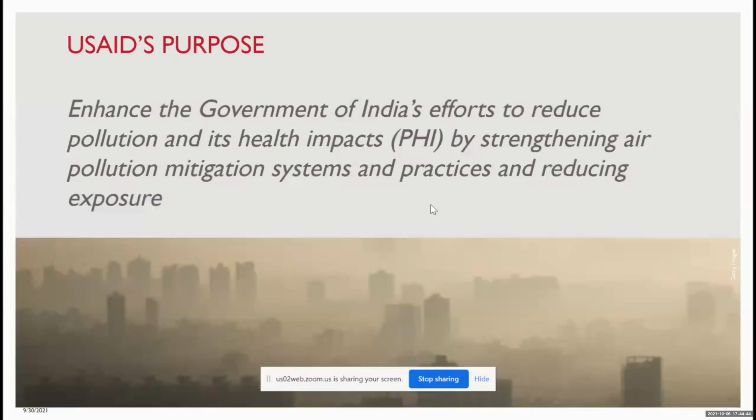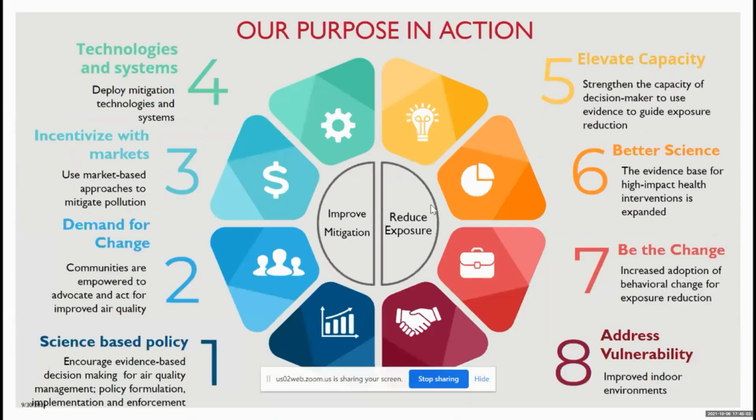So what's USAID's response here? In India, USAID is investing nearly $20 million towards mitigating and reducing air pollution, with a special emphasis on engaging local communities and addressing the needs of the most vulnerable and marginalized. And how do we do this?